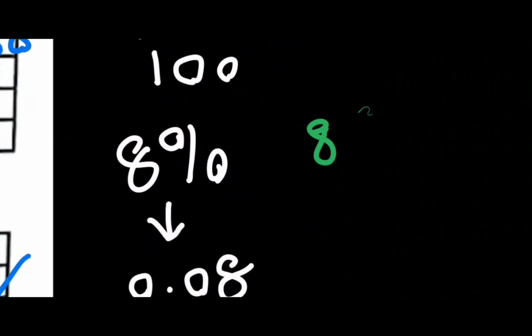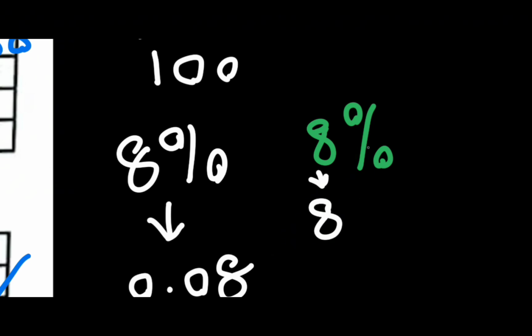How did I get that? You write down the figure, and the percentage sign turns into a decimal point, and then you move 2 spaces to the left. So that's going to be 1, 2. That decimal point is going to move, so a 0 needs to come there, and a 0 needs to come here.